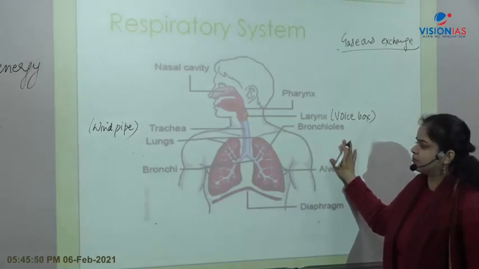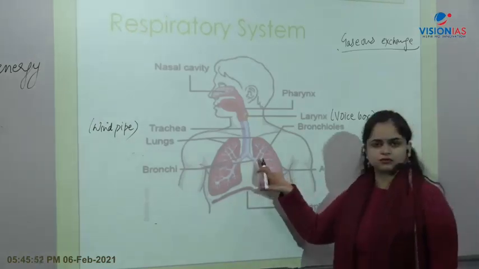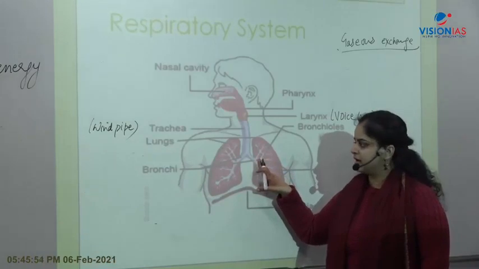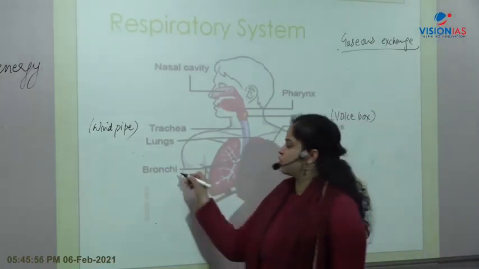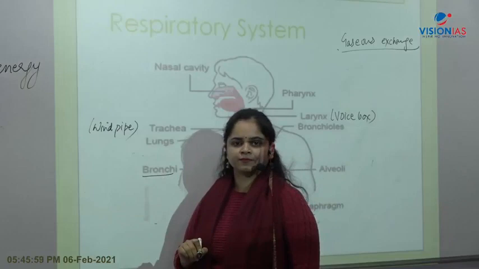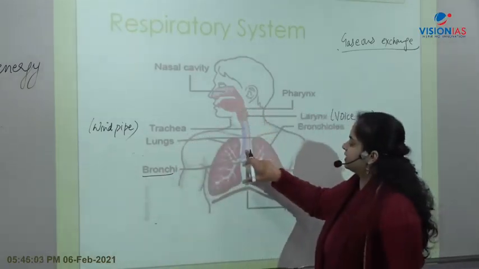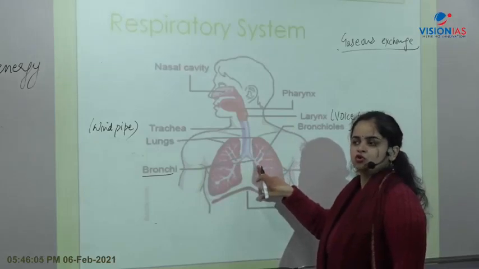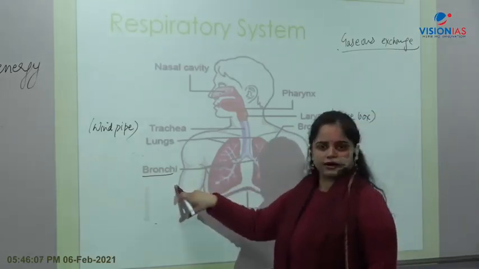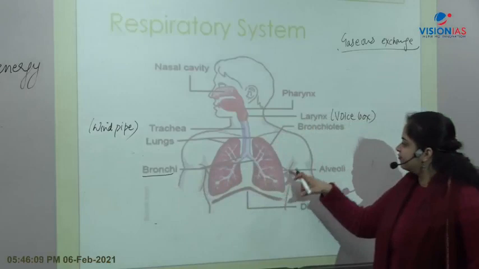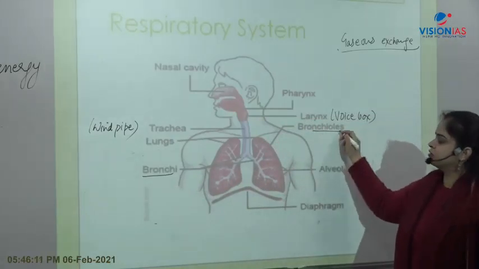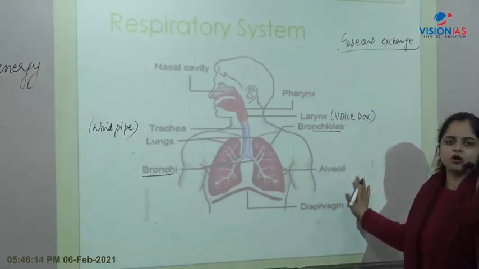This trachea divides into two parts called bronchi. So first you have this trachea coming down your neck, then dividing into two parts called bronchi. These bronchi further divide into smaller parts called bronchioles.